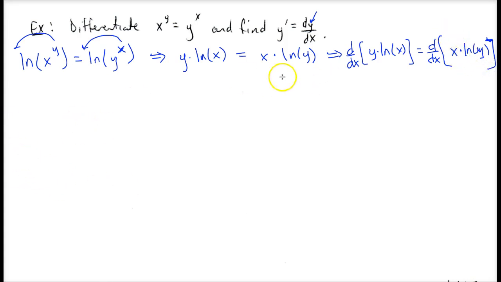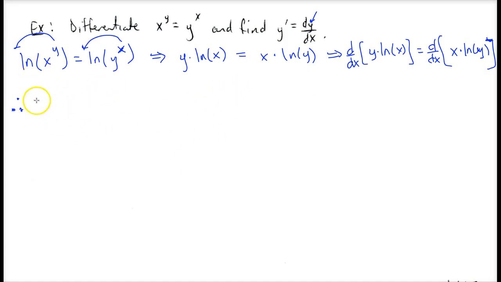Okay, so if we take the derivative of the left side of the equation, we see here, again, we have y times natural log of x, where we're assuming that y is some function in terms of x, and natural log of x is its own function. So here we'll be using the product rule.